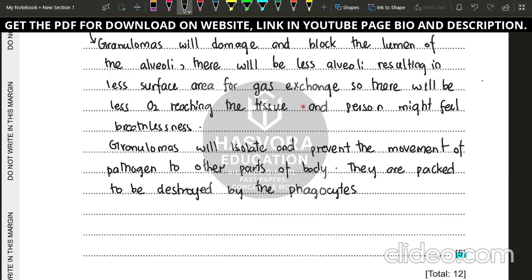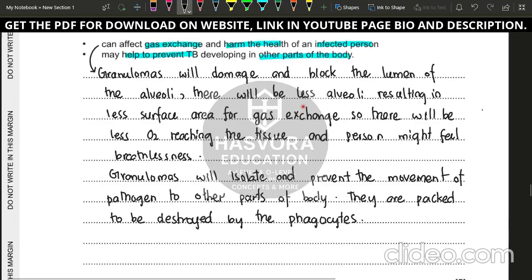Okay, so this is worth 5 marks. 2 for how it will prevent TB, and 3 for how it will affect your gas exchange system. So the first point is that it will damage. The second point is that there will be less alveoli, less surface area for the gas exchange. The third point is how the person will feel when there is less surface area for oxygen.